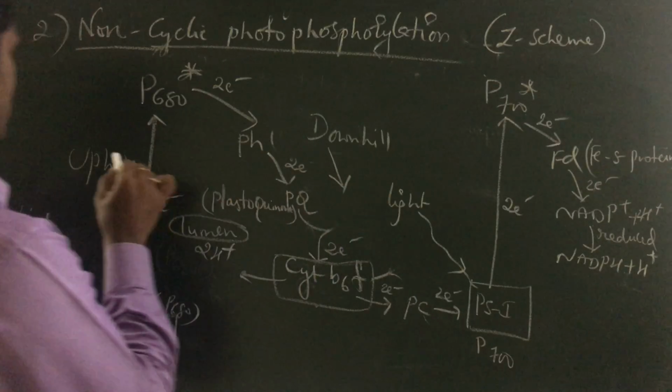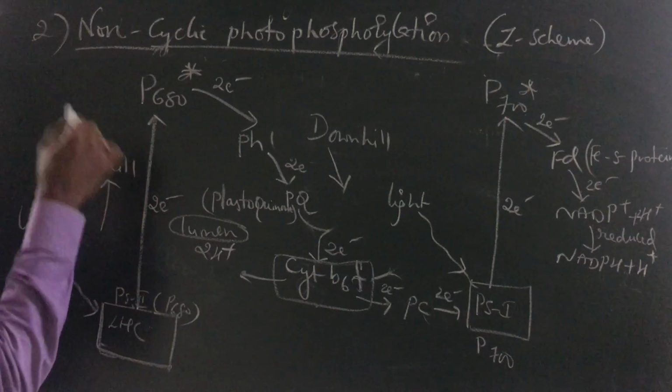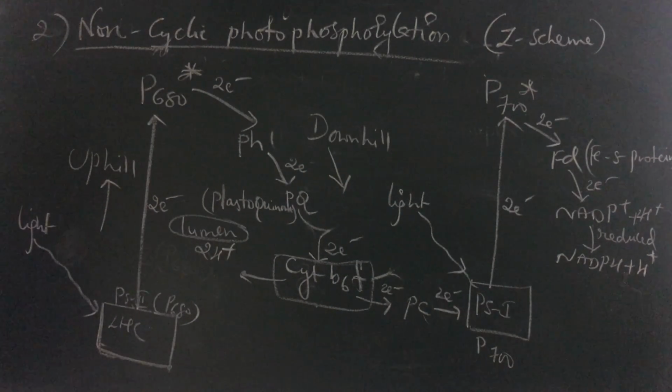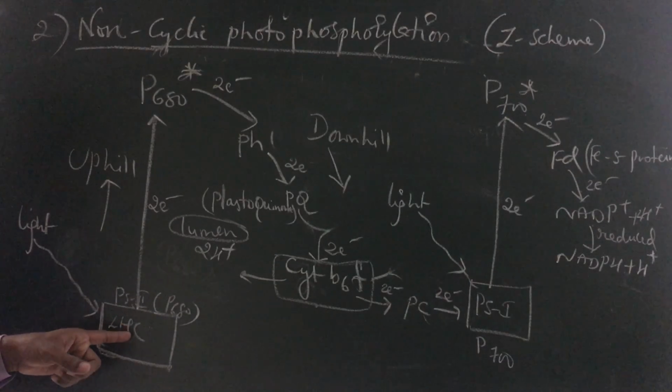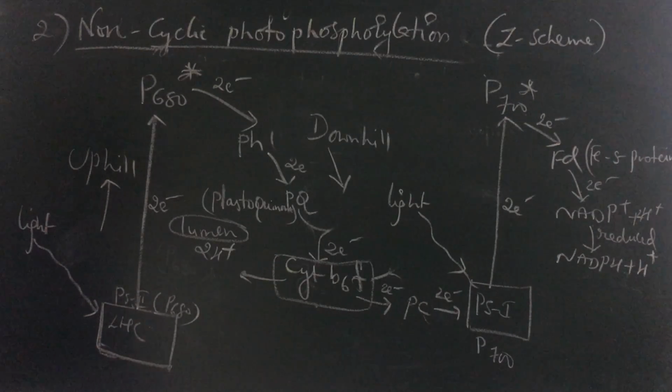This is downhill, this is uphill. That is the reason we call this the Z scheme.